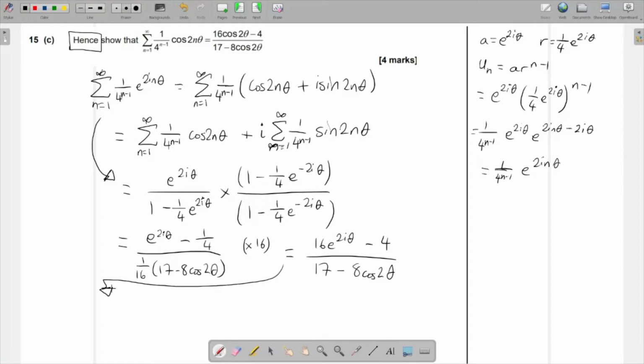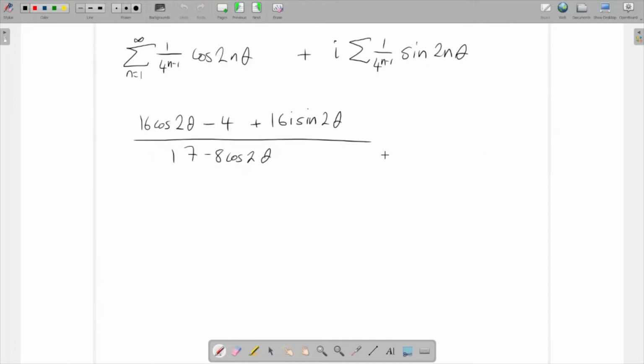So that will be 16 cos of 2 theta plus 16i sine 2 theta minus 4, all divided by 17 minus 8 cos of 2 theta. Okay, so now that I've got this, what I want to do is just break them into two separate fractions.